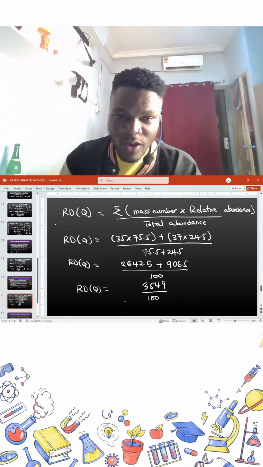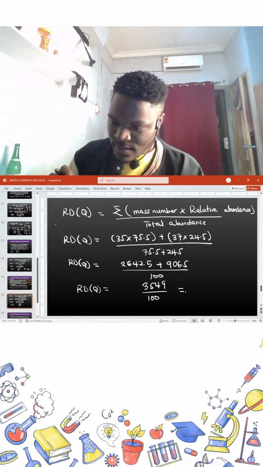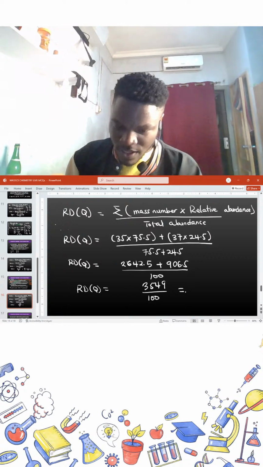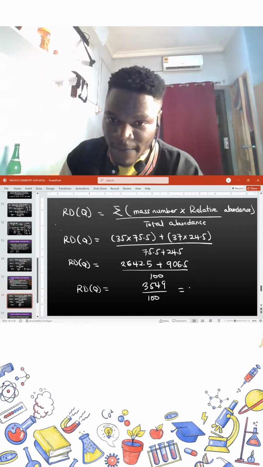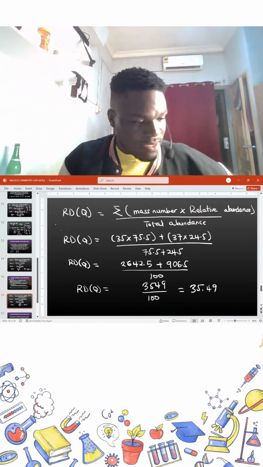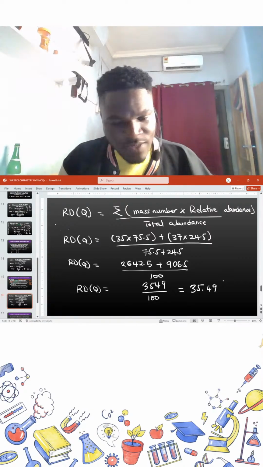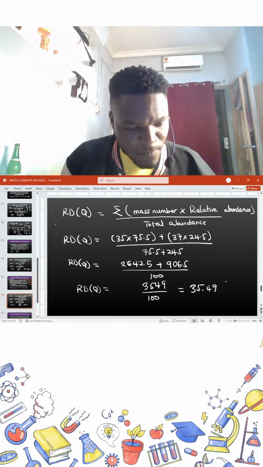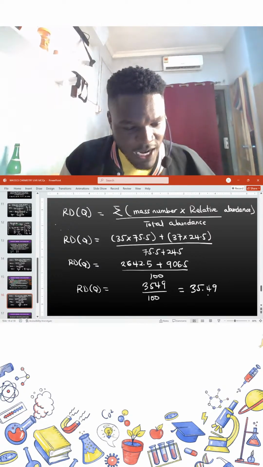And so if I compute this in my calculator, 3,549 divided by 100 will give me 35.49 as my answer. Are you okay? So my answer for this particular question is 35.49.